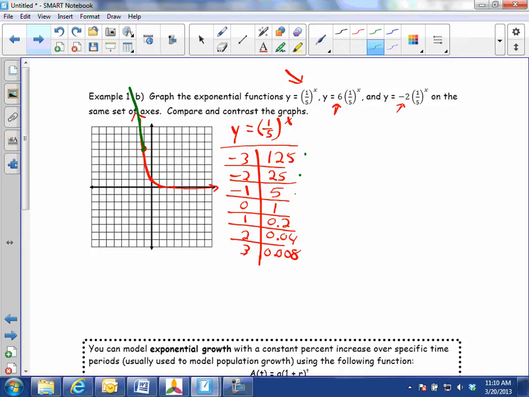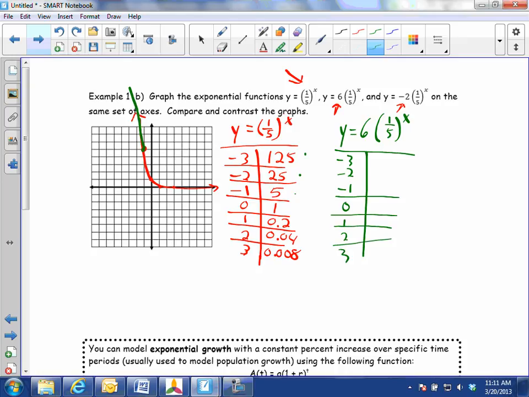So what's our asymptote in this case? 0. Okay, so then let's see if we can graph this guy. Since we've already found the exponent part, all we have to do is take all of our numbers from our first table and multiply them by 6.